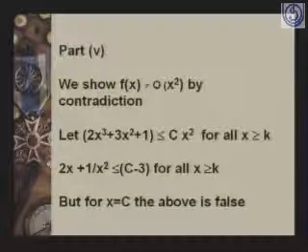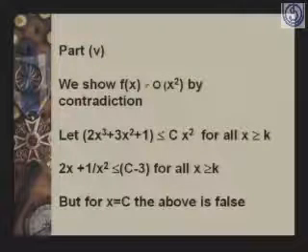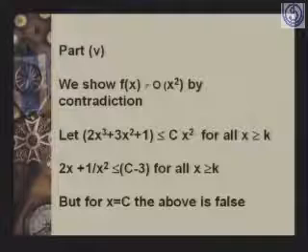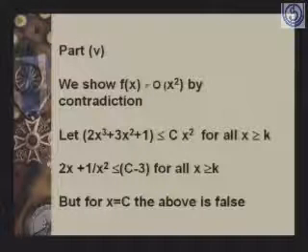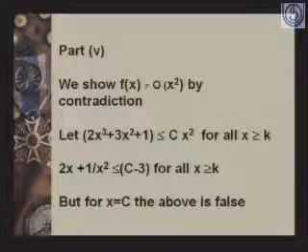So friends, next we show f(x) is not of order x^2. Again I have said that whenever we have to show that this function is not of this order, we prove it by contradiction. That is, we assume f(x) is of order x^2. And by this assumption we get something nonsense like 4 is less than 0.